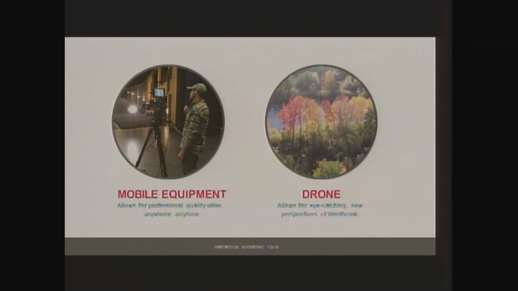The drone is a second item. For the small cost, it has paid off tremendously. Last year at this time, I didn't have a license. I didn't know how to fly it. We've only been using it a short period of time, and we've gotten quite a bit of use out of it, and a lot of response to people seeing the aerial perspective of Westbrook.